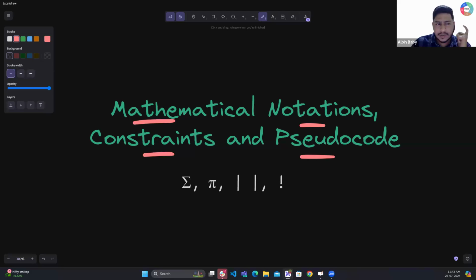Okay. Just confirm, guys, have you seen these symbols anywhere in your 12th or 10th class, like maths? Yes, right. What is a symbol? What does this stand for? This is summation.